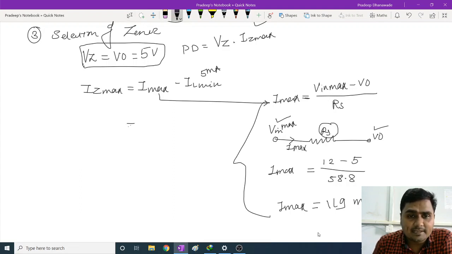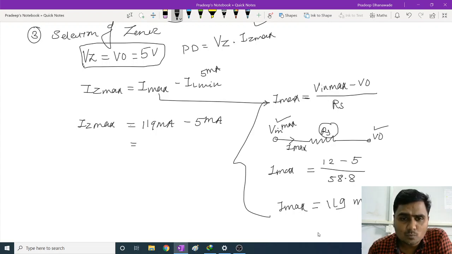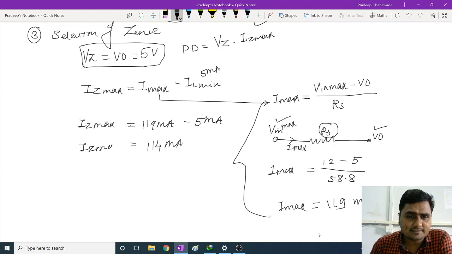Now this I max is 119 milliamperes minus this IL, which is 5 milliamperes. It means IZ max will be 119 minus 5, which means 114 milliamperes.